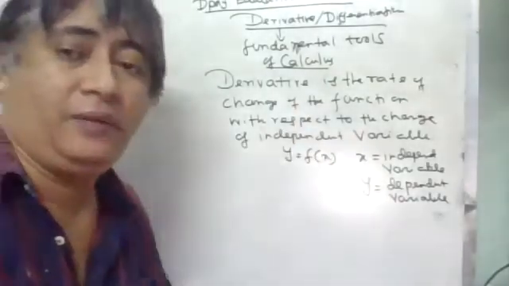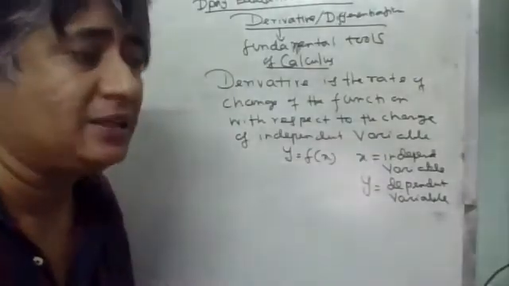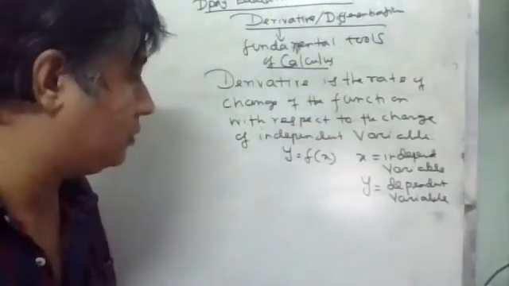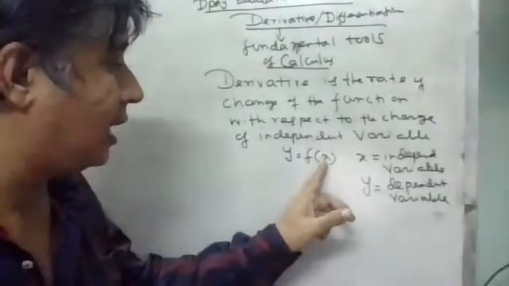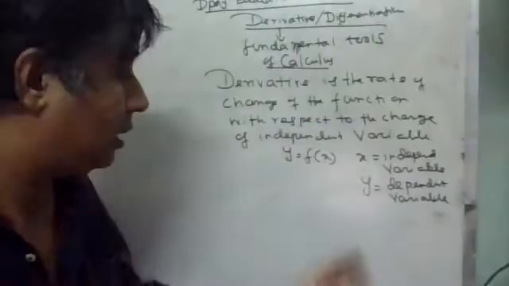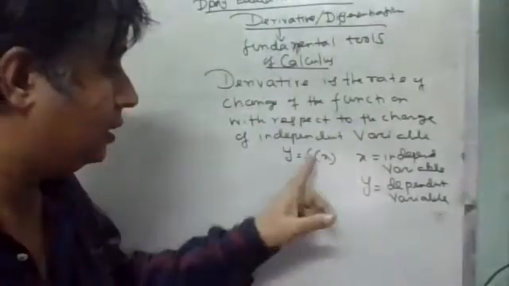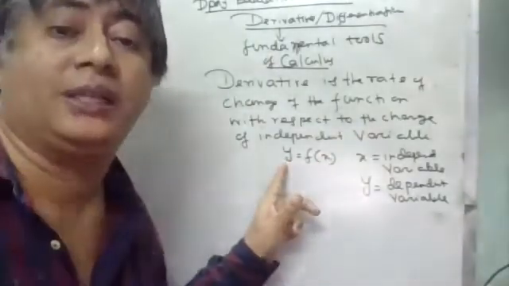Why is x the independent variable? What kind of variable is this? Suppose x is hard work. If you work hard, then what will be the output? Good result in exam.